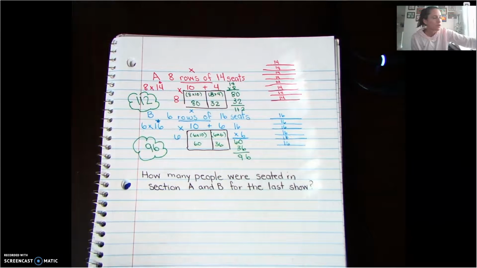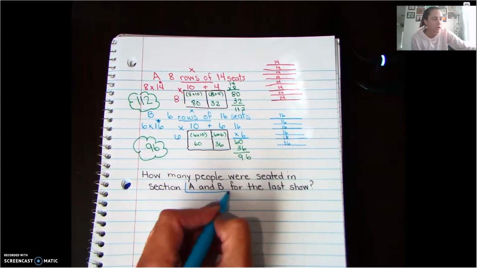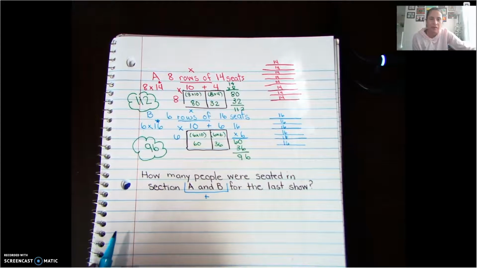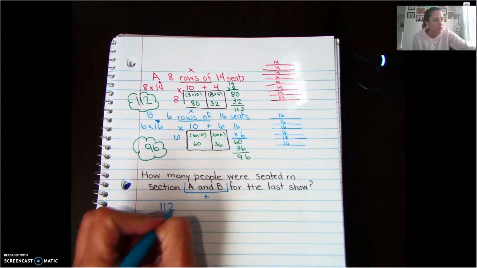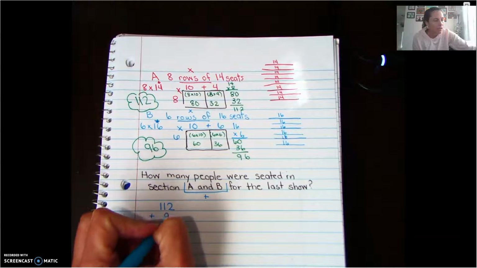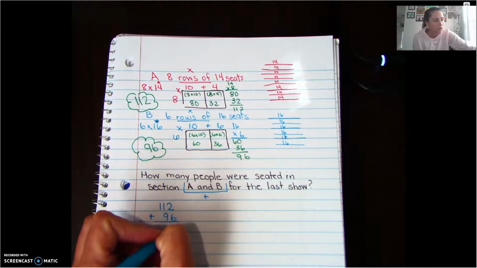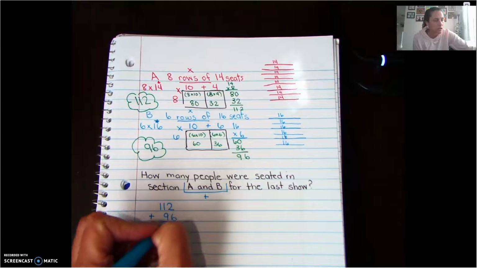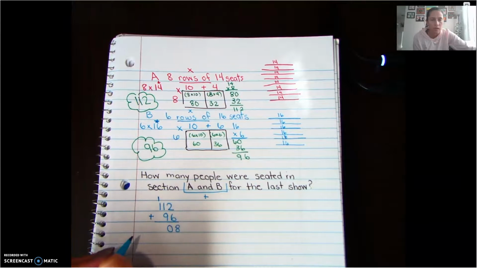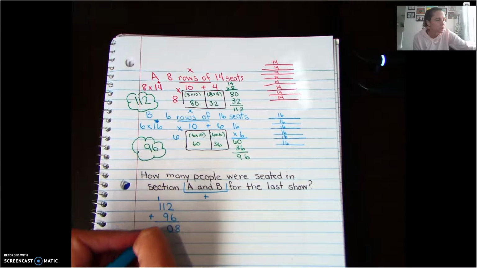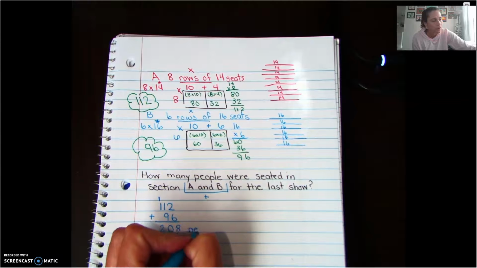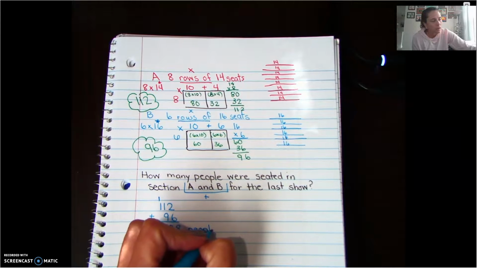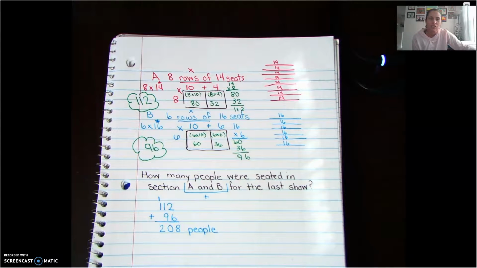If we want A and B, that means we're going to have to add them. So we take our section A and add it with our section B. 6 plus 2 is 8, 9 plus 1 is 10, I have 0 ones, I carry my 1, 1 plus 1 is 2. So there were 208 people at the last show.